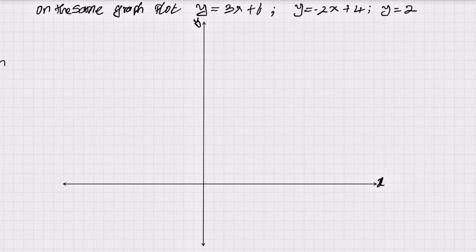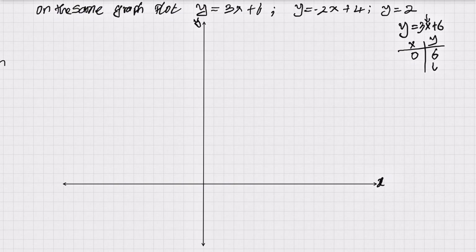So for y equal to 3x plus 6, let's look at the x and y coordinates. We just want to look at the x and the y intercept. So when x is 0, we have that y will be 6.